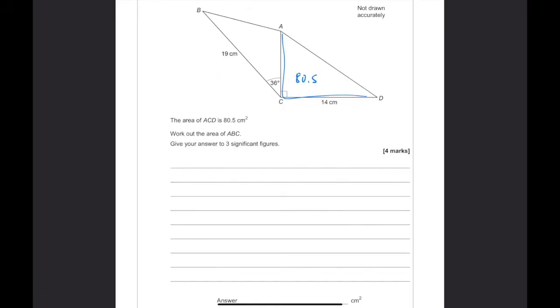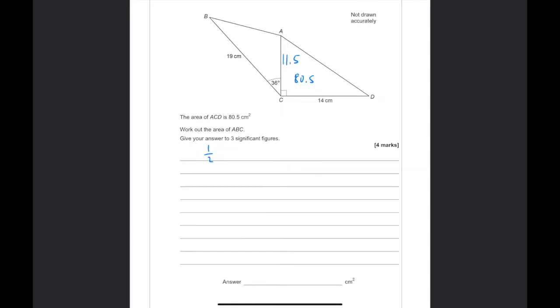So because this is a right angle triangle, we know that 14 times the height divided by 2 is equal to 80.5, which means that 14x is equal to 161. So x must equal 11.5. So this height here is 11.5.